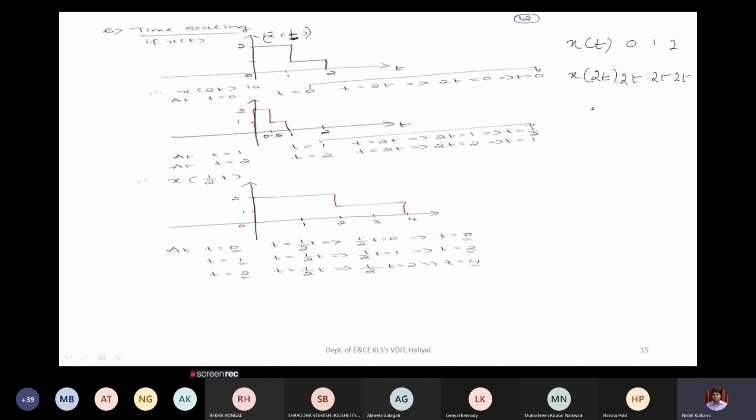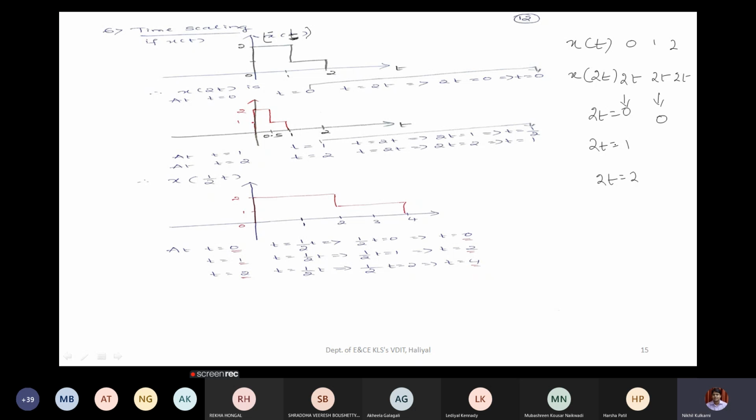If you take 2t equal to 0, and 2t equal to 1. So x of t, which was existing at 0, for 2t will remain at 0.